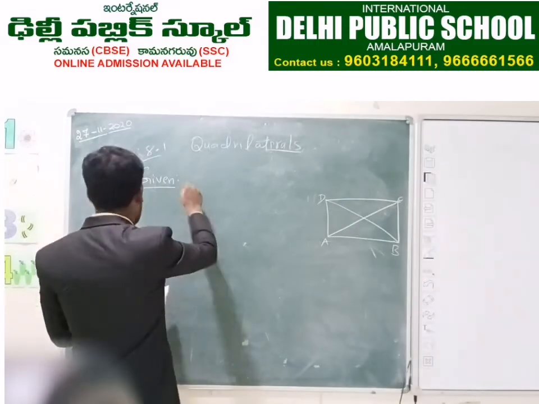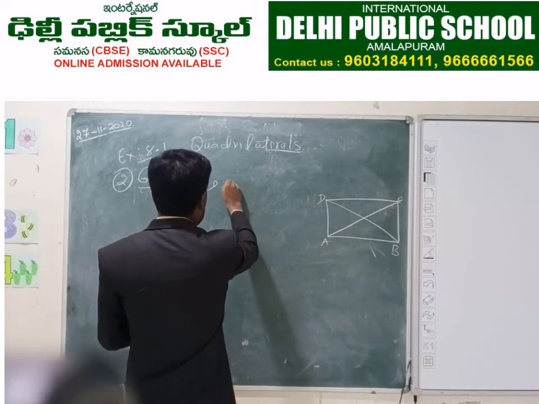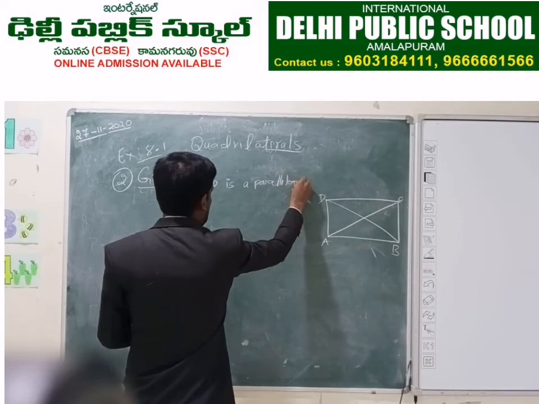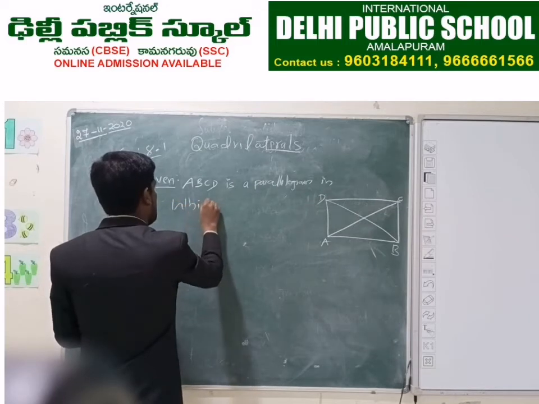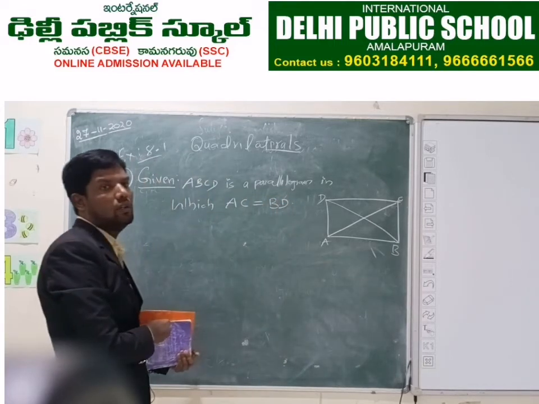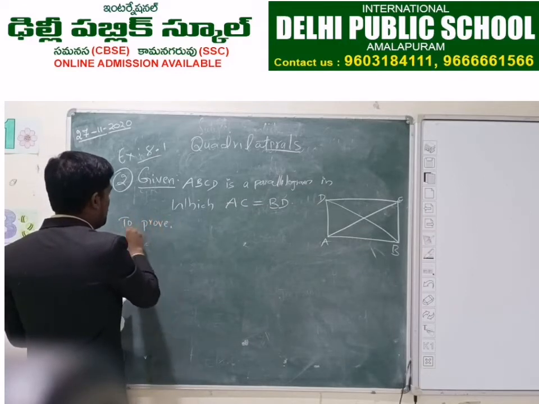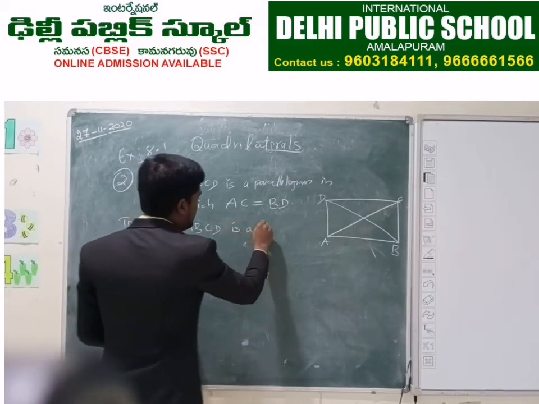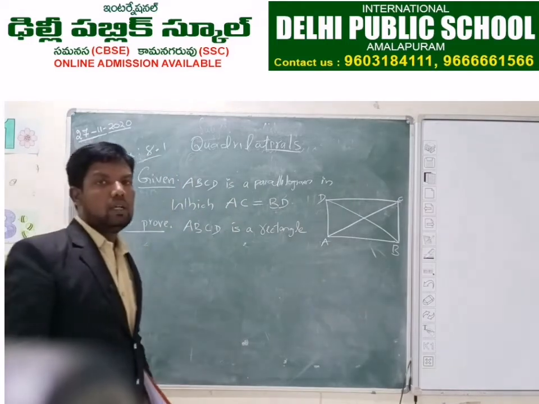Okay, so we have to write here: Given, ABCD is a parallelogram in which AC is equal to BD. To prove: ABCD is a rectangle. Clear?